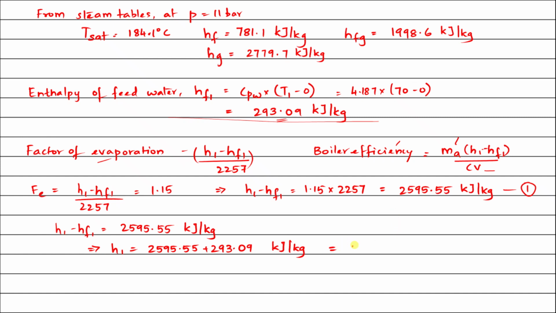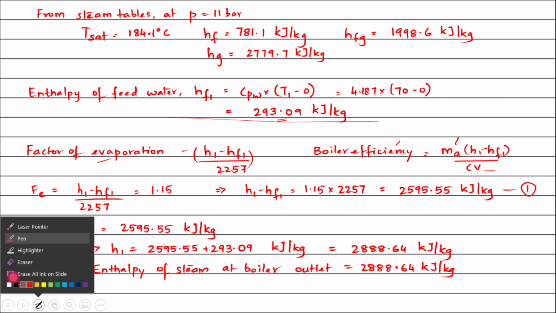The value of H1 that I get is 2888.64 kilojoule per kilogram. So this is the enthalpy of steam at the boiler outlet, which I have found as 2888.64 kilojoule per kilogram.